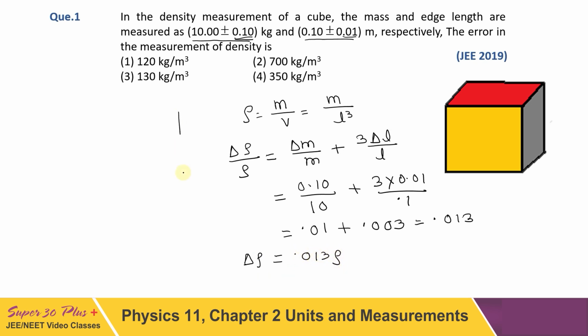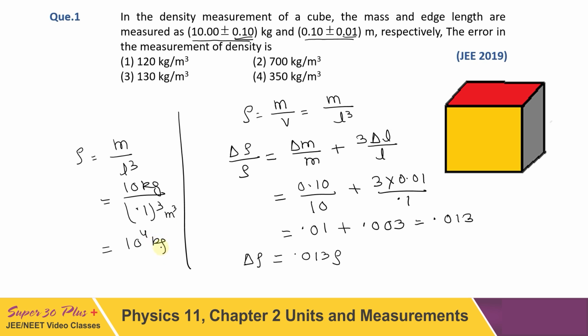First we have to calculate the value of rho. What is rho? This is mass upon L cube. If you substitute values here, 10 kg upon L cube, this is 0.1 and cube of this can be written as 10 to the power 4 kg per meter cube. Multiply this value with the value we got from calculation of delta rho by rho.